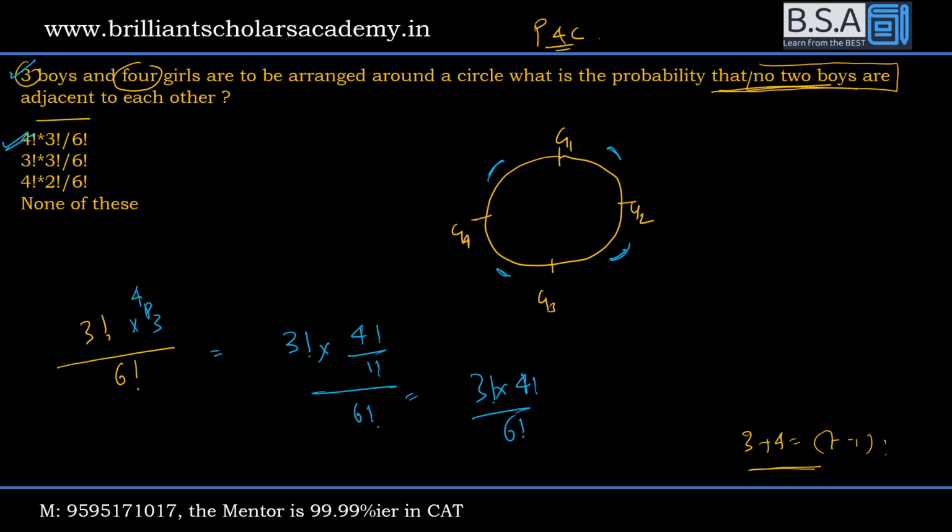Because this is a different place. This is a place between girl 1 and girl 4, girl 1 and girl 2.